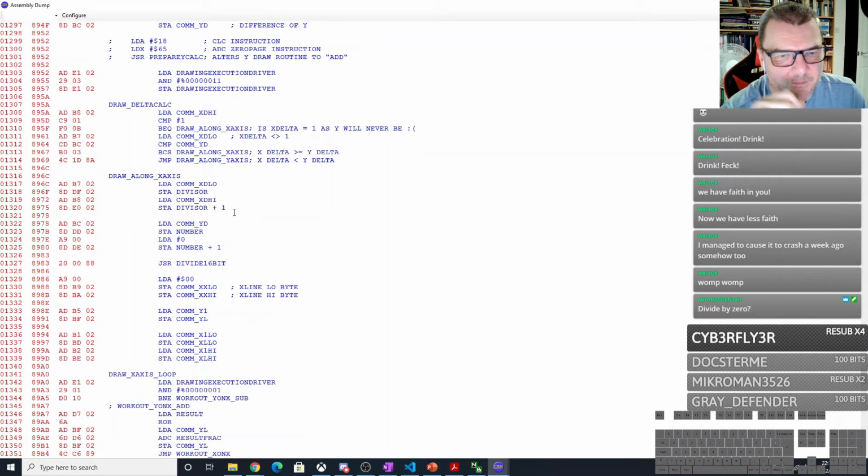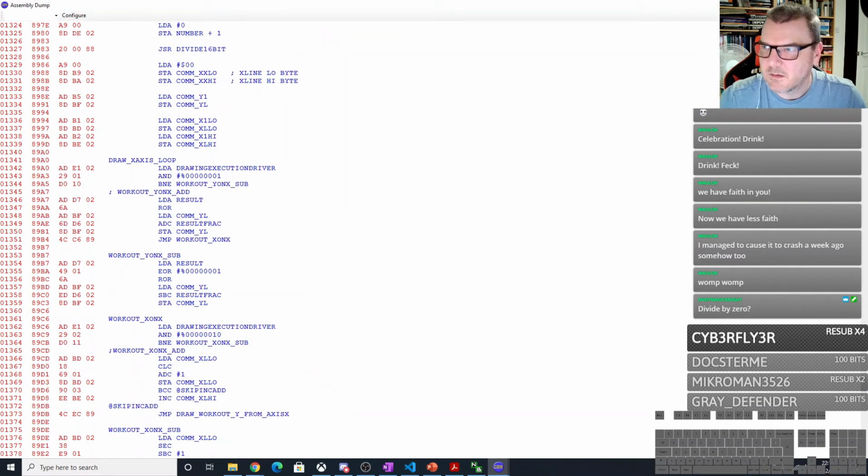So X delta low is 02B7 and high is B8. What's the Y delta? BC. Y delta is BC. 02BC. And then we can work out what the number should be. Okay. Right.